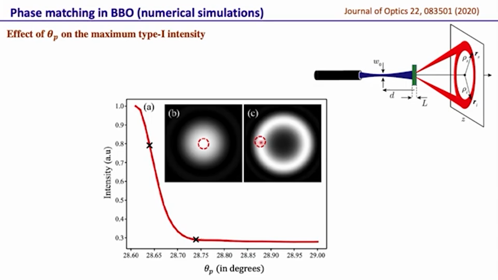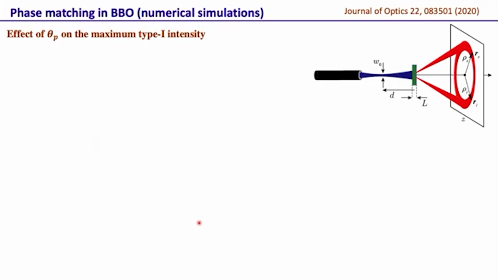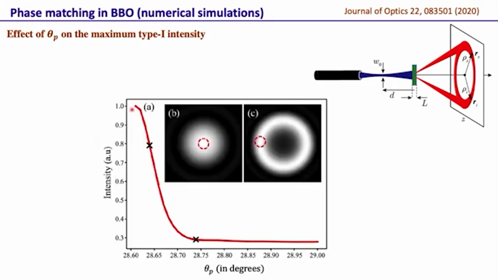If you just track the maximum intensity point, this gives a function like this. Of course, we know that the total power is independent of theta, as we saw here. Once it reaches perfect phase matching, the total power remains constant. But even then, the maximum intensity of the type 1 decreases in this manner.